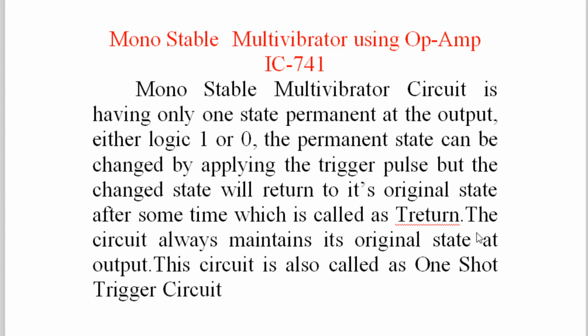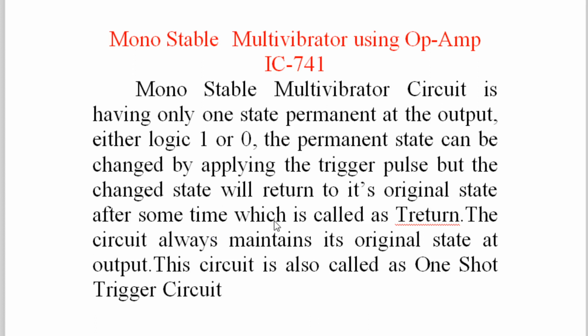After applying the trigger, the state will change, but after some time the changed state will come back to its original state, and the time after which it returns is called T return.